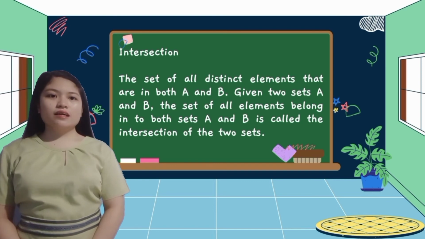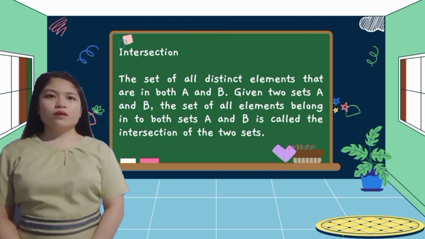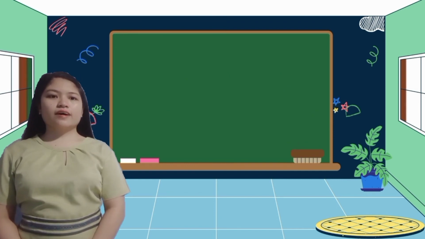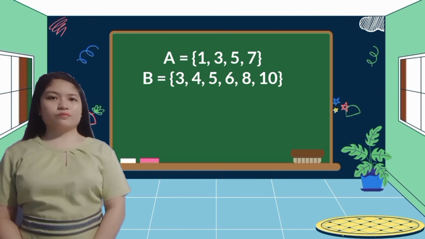So basically, if you want to find the intersection of two sets, it is the elements that they have in common. So I'll give an example. Let's find the intersection of set A, {1, 3, 5, 7}, and set B, {3, 4, 5, 6, 8, 10}.